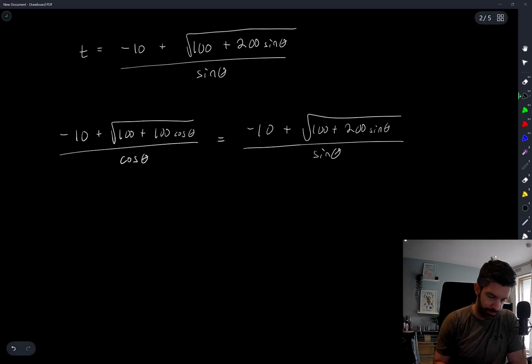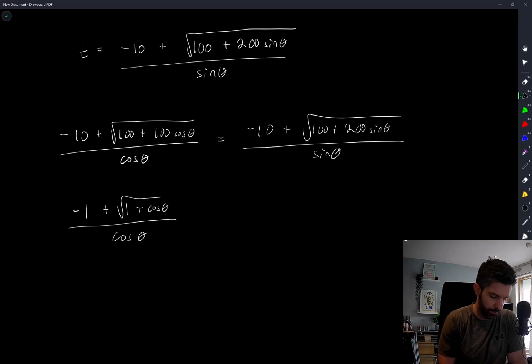Let's factor out a 10 from everywhere. So negative 1 plus 1 plus cosine theta over cosine theta is equal to negative 1 plus 1 plus 2 sine theta over sine theta.